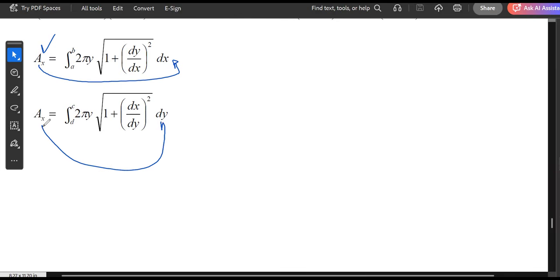But what is it here? Y. We are dealing with the limits for y there. So you must check what you're given. As we have the limits for x, x is greater than or equal to 0, up to 2, and since the limits are for x, we must use this one, dx. So this is the formula that is best for our calculation.